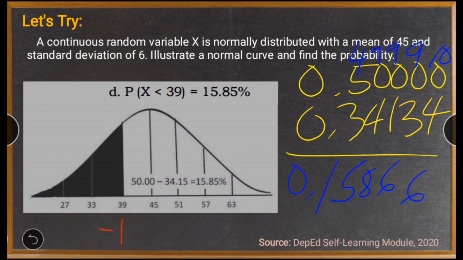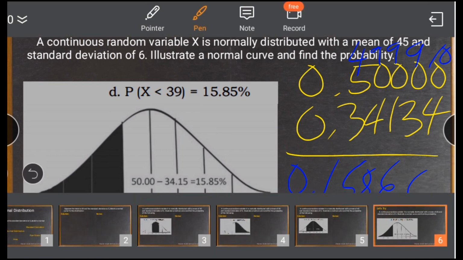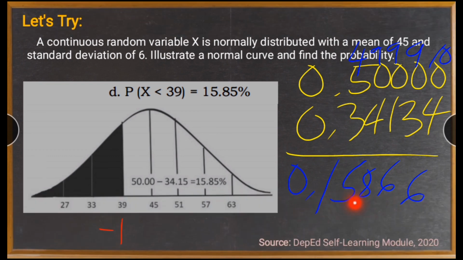So basically the answer must be 15. It's possible 15.86 if we consider a more detailed approximation, 15.87, or in here, since it is rounded off immediately, we have 15.85.